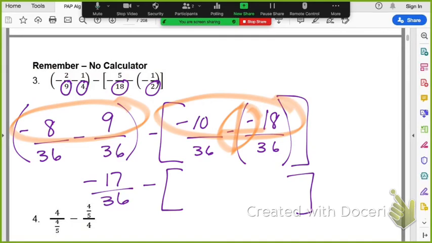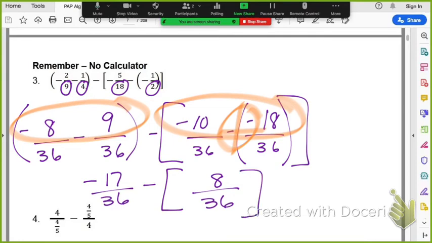So I have in my bracket now negative 10 plus 18. What does that combine to be? Positive 8 over 36.